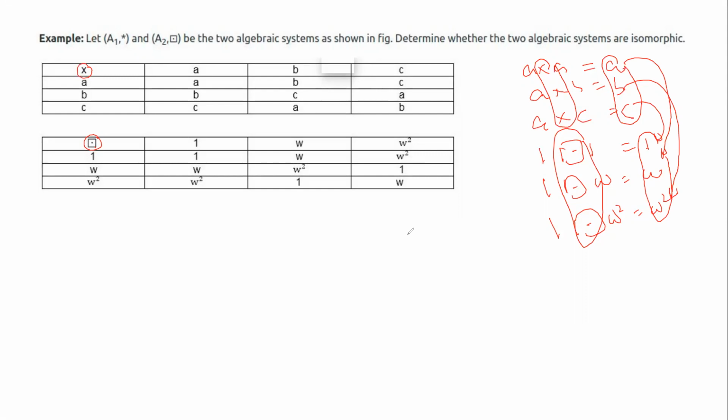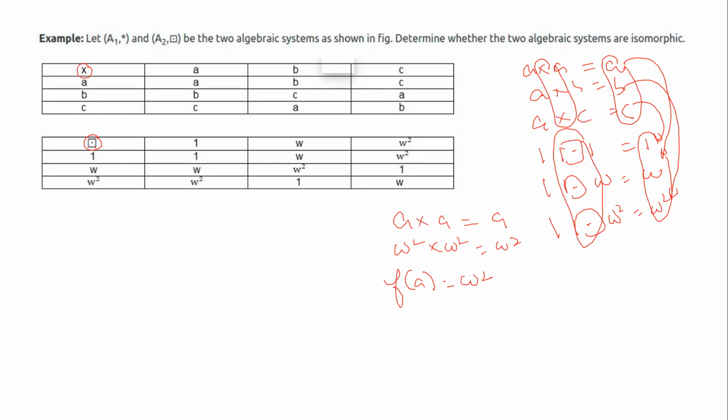If I am saying A cross A is A and I have mapped A to W square, then W square times W square should also be equal to W square. So how do you check if something is isomorphic? You simply replace the binary operations with each other and rename the variables under their images and see if the relationship holds.